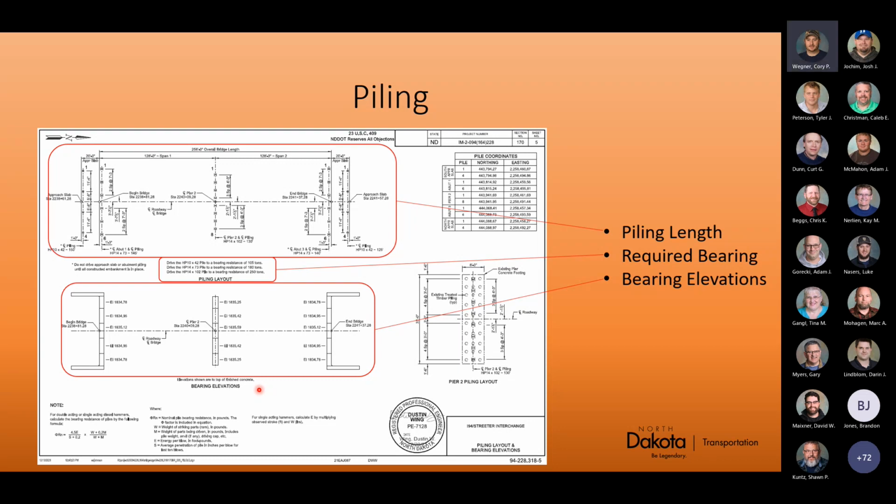So another thing to be aware of. And then the bearing formula. We'll go into that a little bit more here in a little bit, but the formula looks a little daunting, but it's really not that hard to calculate.